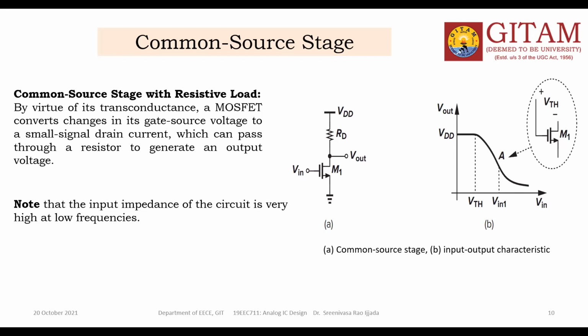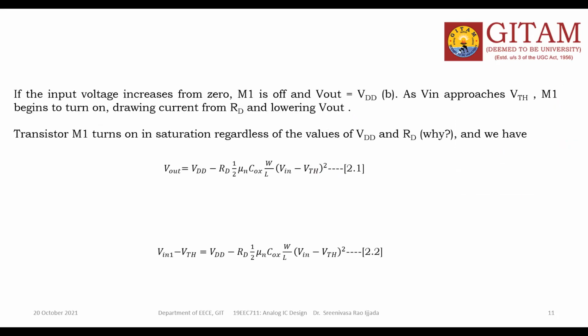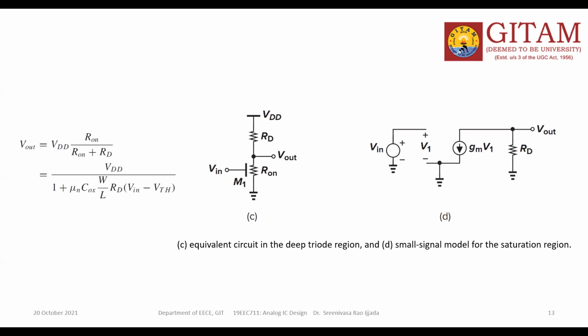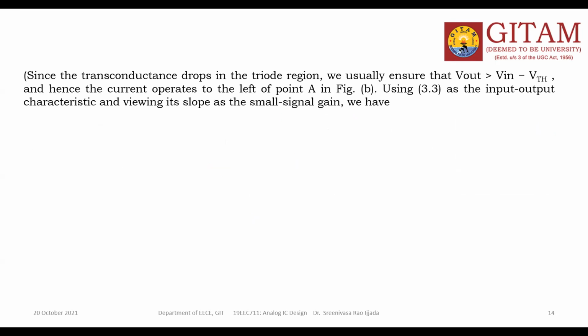So your transistor works in the left side of the point A region. Then what happened? Now the equation 3.3, the Vout equation: Vout is equal to VDD minus RD into ID, where ID is the current for the saturation region.